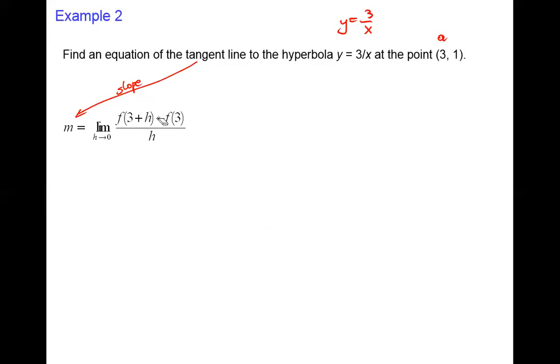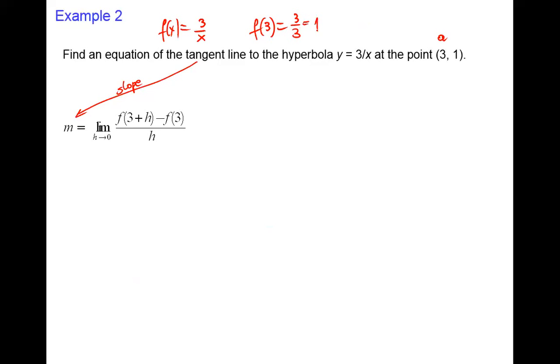Right? Now, I hope you know how to evaluate a function for 3, and my point A is 3, of course, 3 plus h and 3. How to evaluate a function for 3 plus h? I can take this function, I can actually write one more time. This is 3 over x. If I would like to evaluate at 3, I will put 3 instead of x.